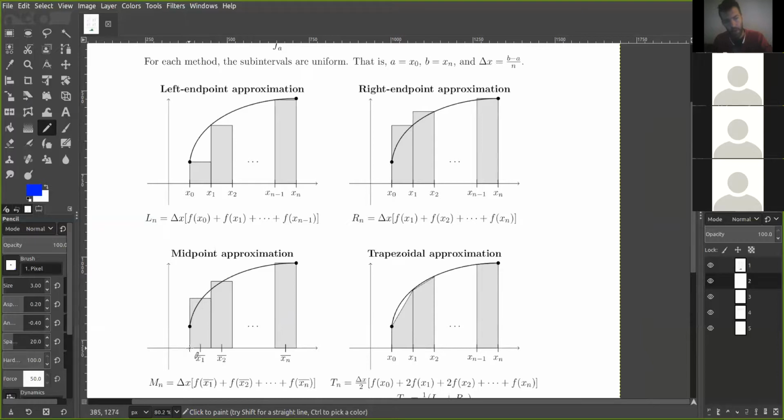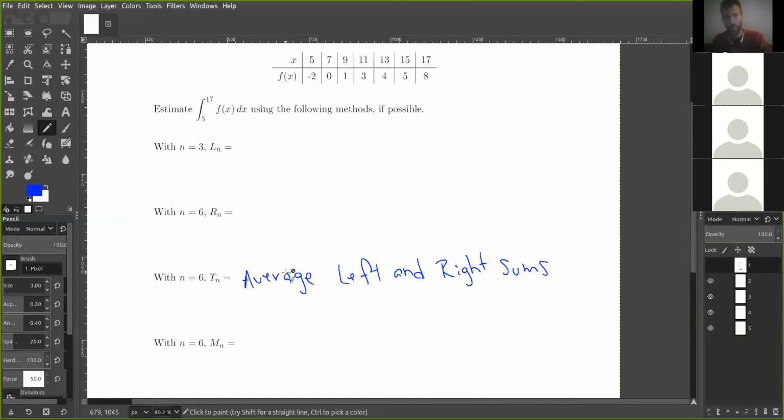So here we have our 5, 7, 9. Those are the values listed on those tick marks. But the values of the function we need are in between there. So we can't actually compute that one.